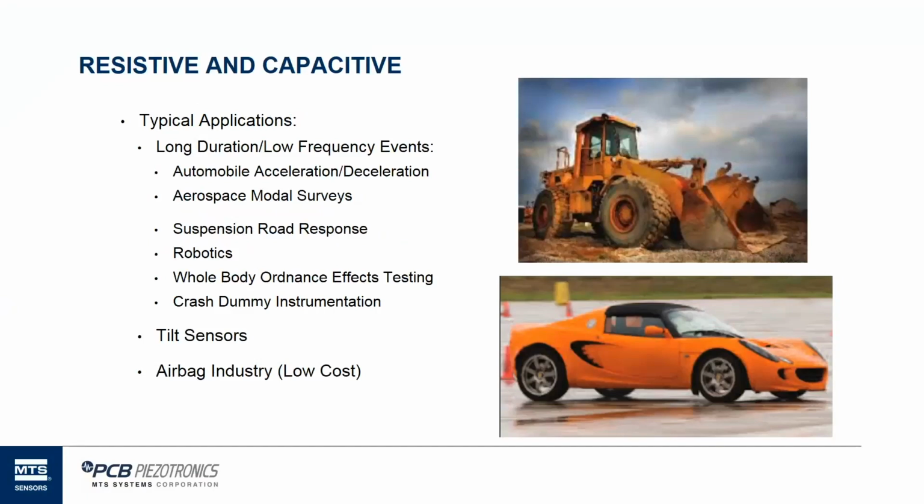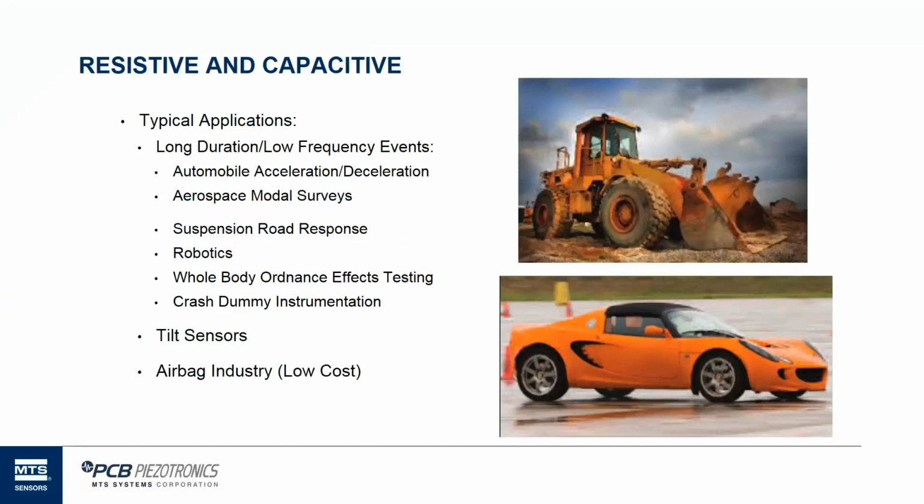Again, road response, robotics. So there actually is an application where these are used to control motion of robotic arms and limbs. And whole body ordnance testing, that's impact testing that we get in a lot of military applications where they're measuring the effect of the ordnance or explosion device on the whole body.